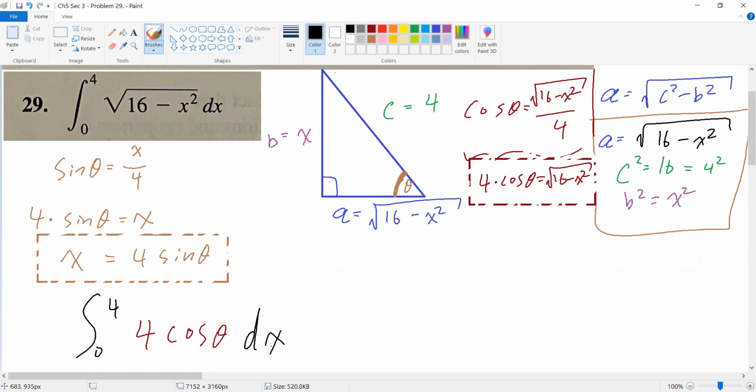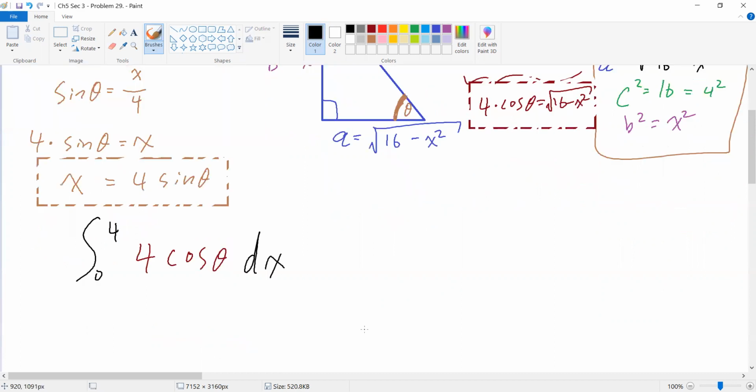However, we have our statement in theta, but we are integrating with respect to dx. So we need to rewrite dx somehow as d theta. In order to do this, we're going to use our sine statement, because we have x is equal to 4 sine of theta.